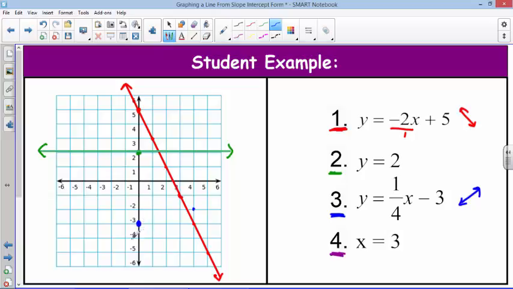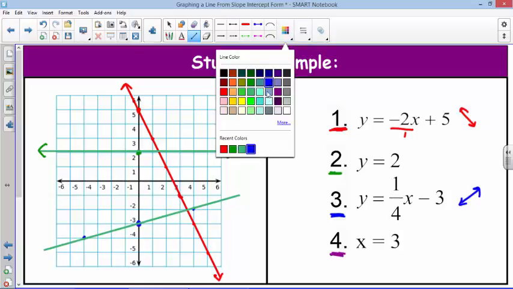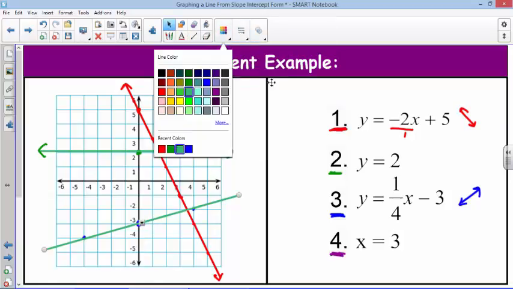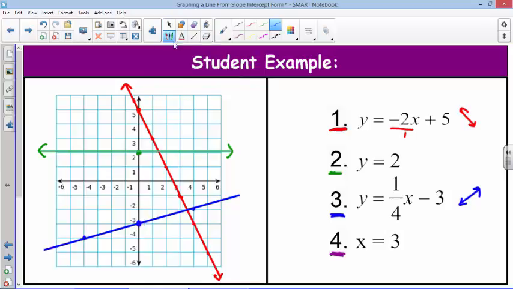I'll go down 1 and back 4. Here I can draw my line. Let's actually make that blue. I can draw my arrows.